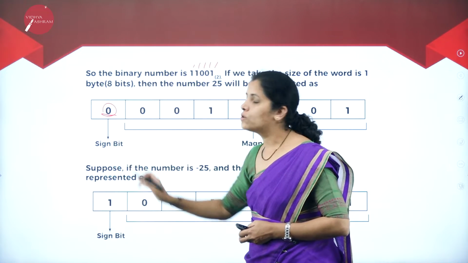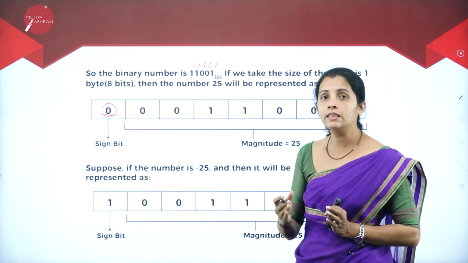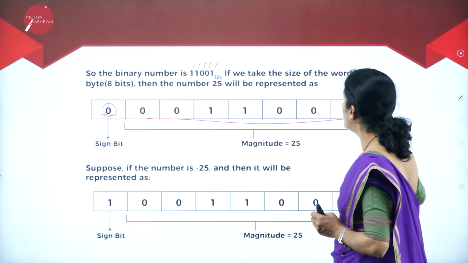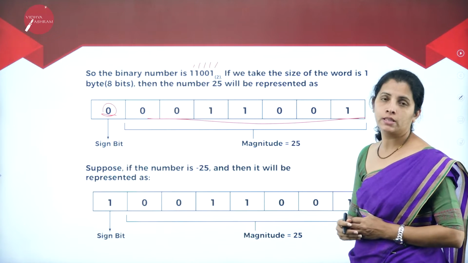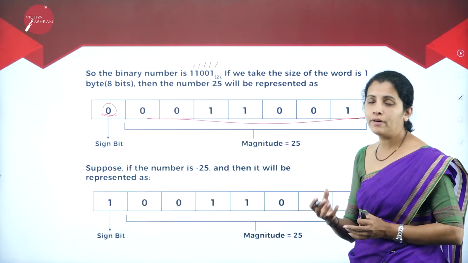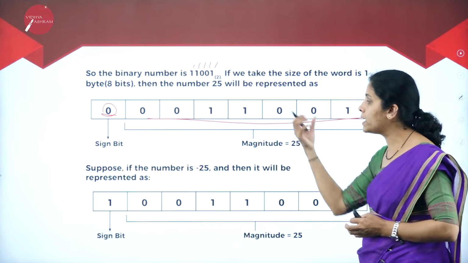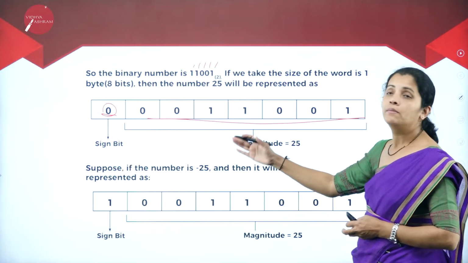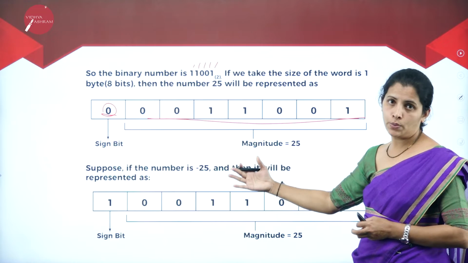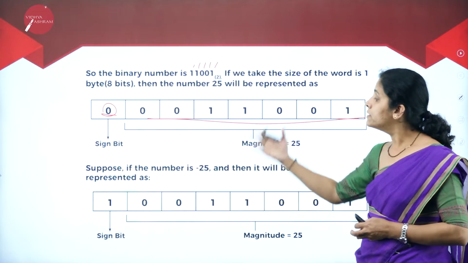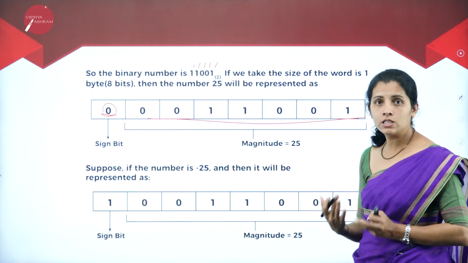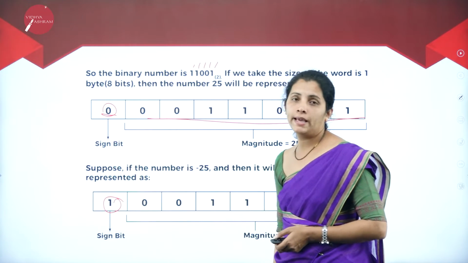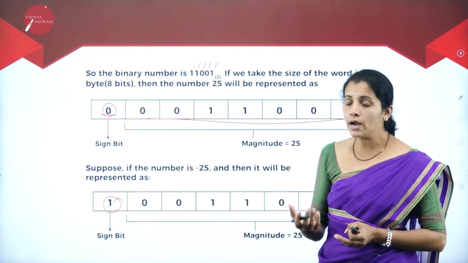In that, the last bit is the sign bit. It is 0, which means a positive number, and all the rest are my magnitude, nothing but the decimal value 25. And if the given number is minus 25, then at the end I place 1. Why 1?